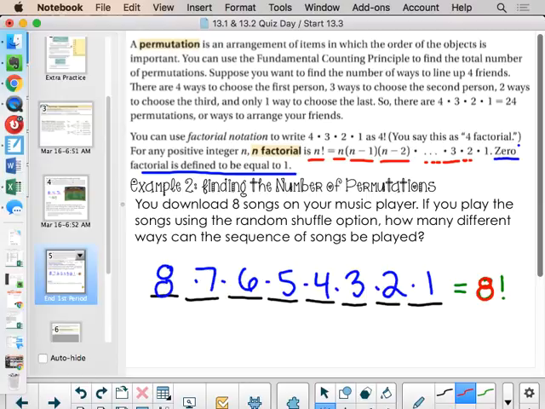On your TI Inspire, you actually have the ability to have an exclamation mark as well. You just type in 8 factorial, and you should get a number around 40,320. So what that means is there's 40,320 ways of arranging these songs.